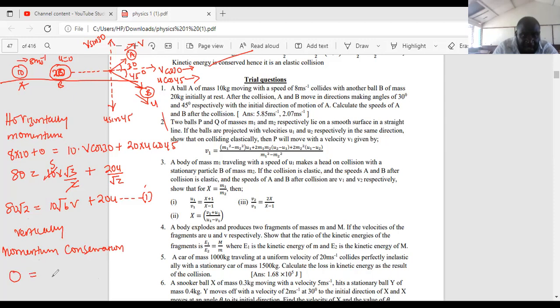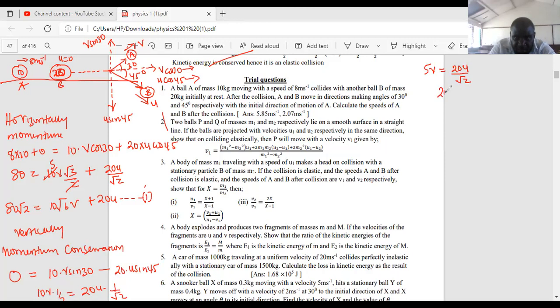But after, A's vertical component is acting upwards, which is going to be 10 times V sine of 30. Then the other one is acting in the opposite direction, so it will be a negative of 20 times U sine of 45. It is from here that we can see that 10 V times a half is equal to 20 U times 1 over root 2. From this knowledge, we can get 5V is equal to 20 U over root 2.